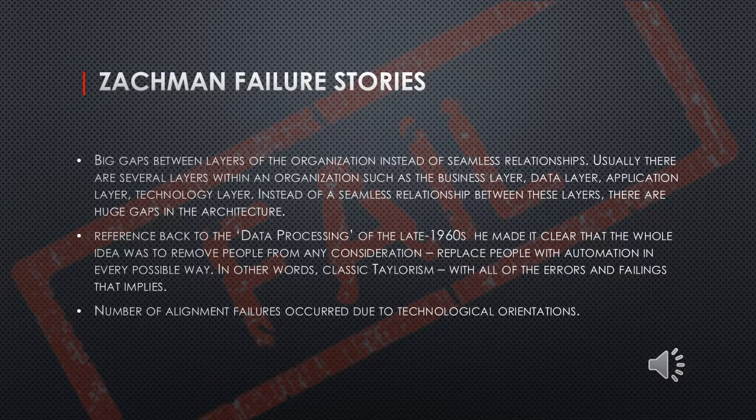Referencing back to the data processing of the early 1990s, he made it clear that the whole idea was to remove people from the consideration, replace people with automation in every way possible. In other words, classic Taylorism, with all the errors and failings that it implies.